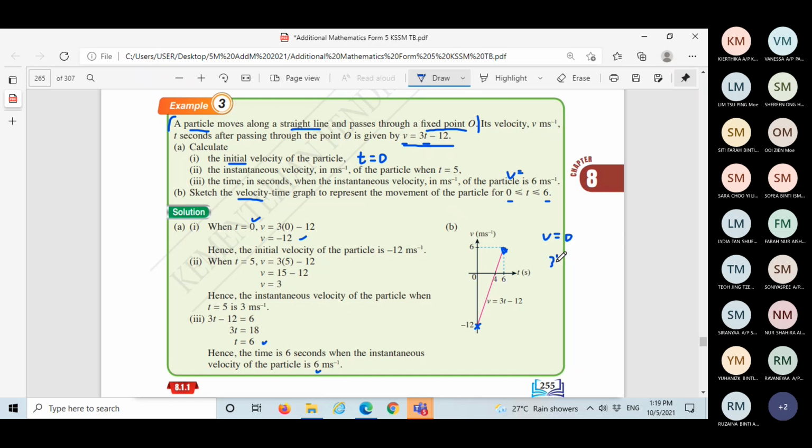So 3t minus 12 is 0, therefore 3t is 12, then t is 4. So you just need one more point, (4, 0). Straight line, finish. So this is the graph.